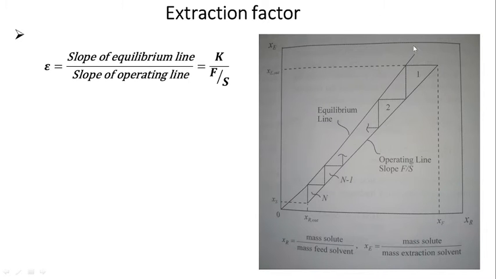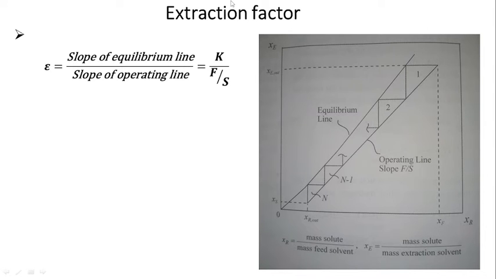Similarly, after doing experiment, we will get the equilibrium line equation for extraction. On plotting the mole fraction of extract versus raffinate on the y-axis on solute free basis, the operating line will be a straight line.